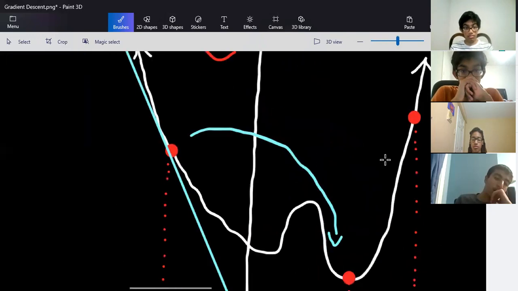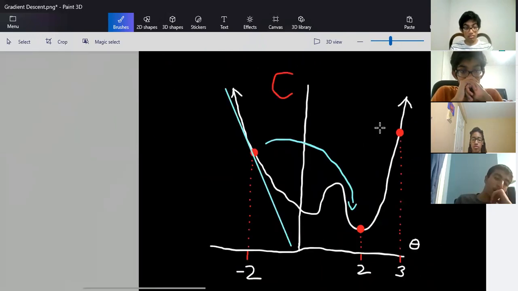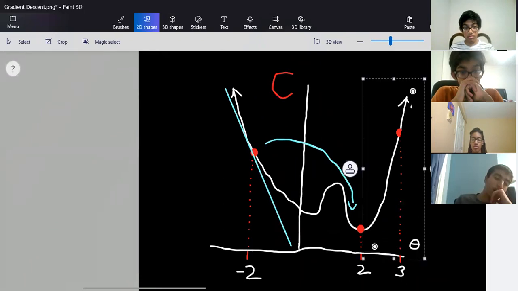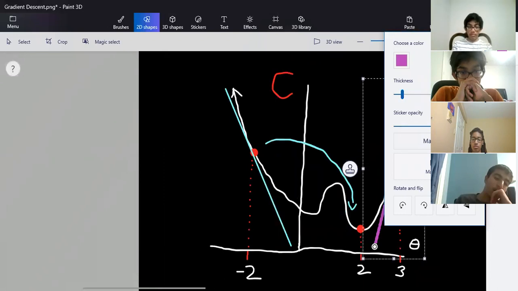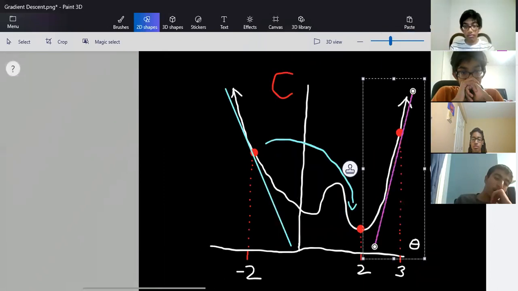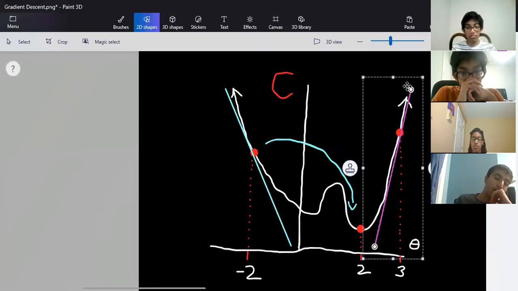Let's do the same thing again here for this point. Over here, I'm going to make a tangent line. A tangent line touches at one point, like so-ish. I'm going to make this line purple. That's good enough. It's a tangent.